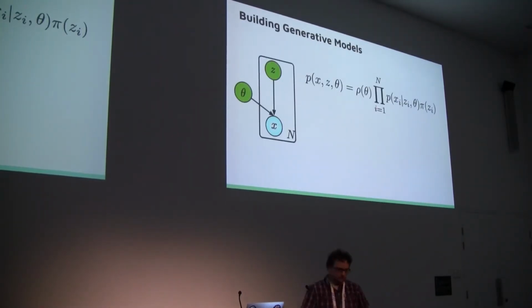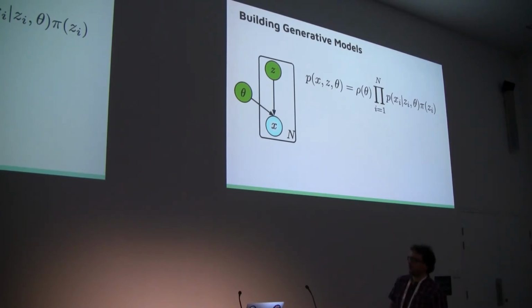Again, we can represent these latent variable models with the same type of notation. This graph implies a certain causal relationship between these variables. It means that if I want to generate x, I first have to generate theta, and then given this theta, I have to generate z, and then I can generate x. And there is a one-to-one correspondence between this picture and this equation.